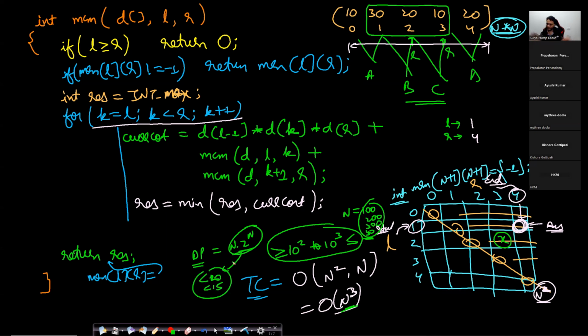So this is an important differentiation between DP bit masking and MCM problems. If the constraints are very low, they are expecting exponential time complexity. So don't go on solving with linear time complexity algorithms, right? Here a factorial algorithm will fail. It will give you TLE. Factorial will fail because factorial is much higher than your exponential complexity.